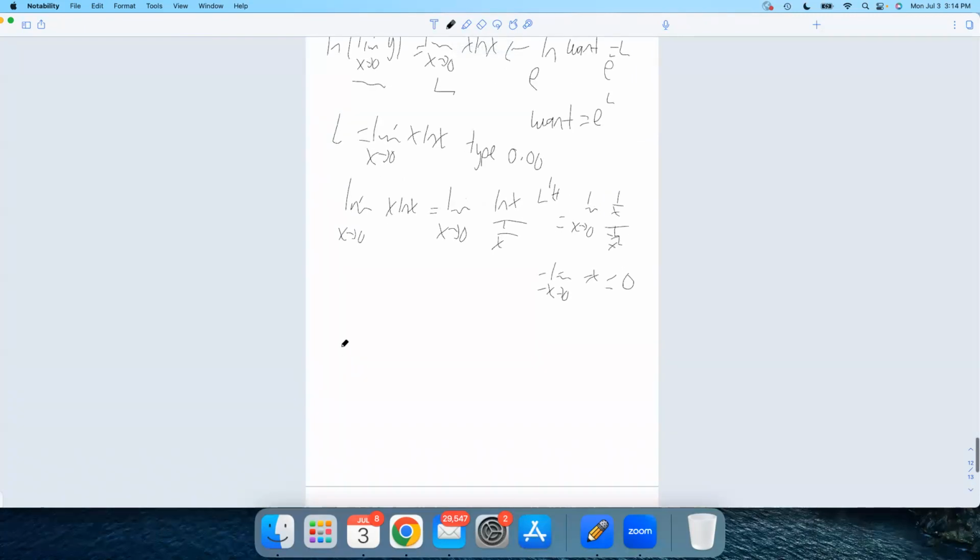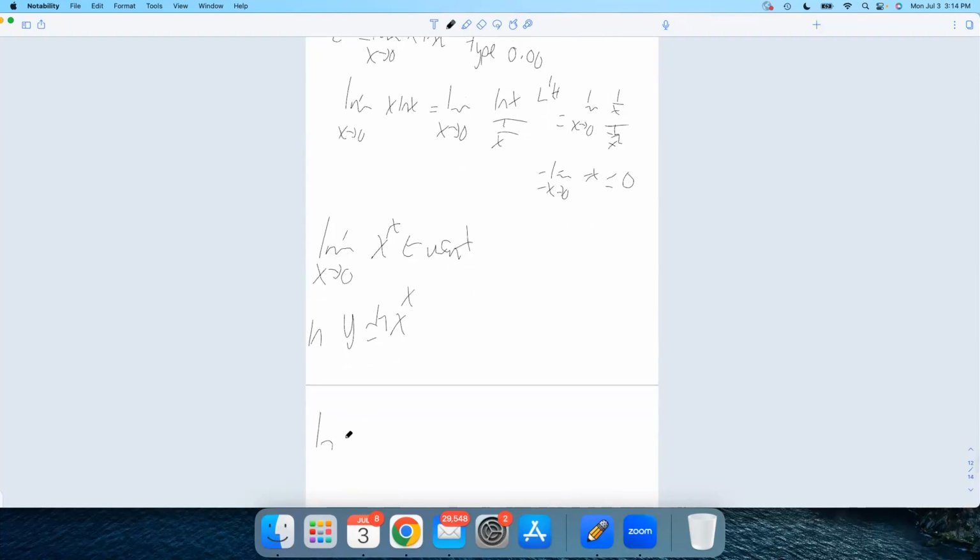Okay, so just to recap, we're not done. That's not the answer. We wanted this. That's what we want. I called that thing y, and we took the natural log of both sides. So I'm after y. Right now I have the limit of the natural log of y equals, we did that limit on the other side, 0.